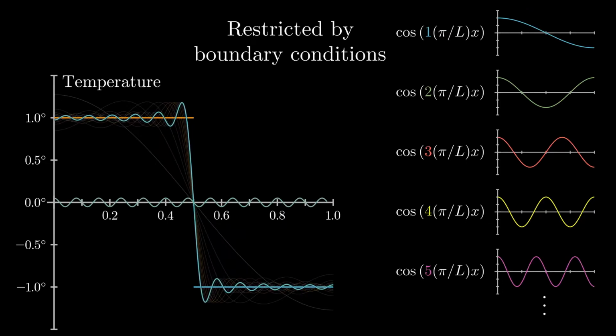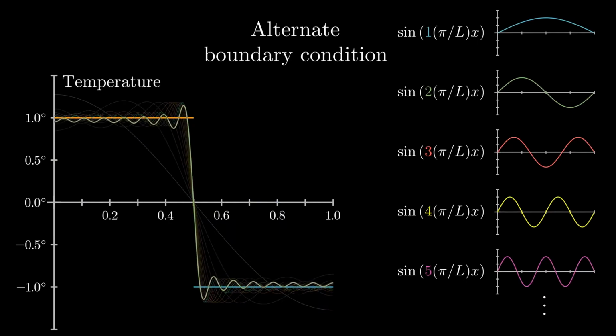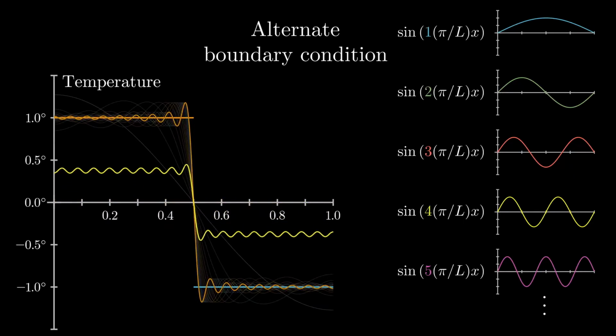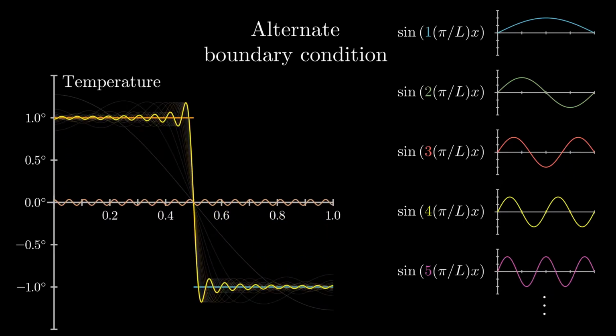And by the way, if you were working with a different boundary condition, say that the endpoints must stay fixed, you would have a different set of waves at your disposal to piece together, in this case simply replacing the cosine functions with sines. It's strange how often progress in maths looks like asking a new question rather than simply answering an old one.